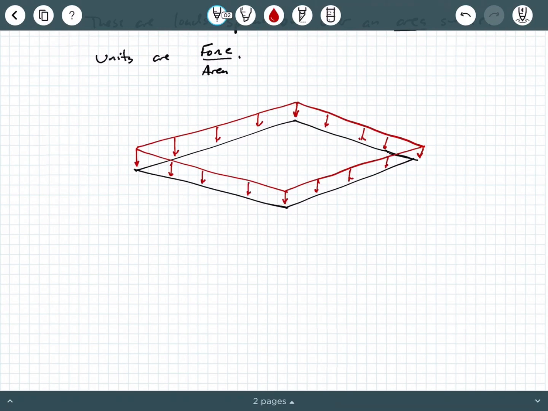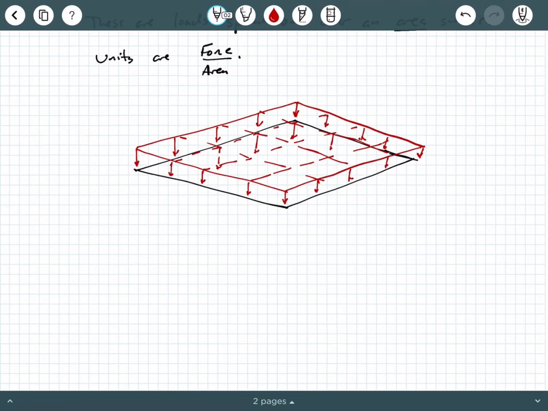All right. Now this load is meant to be spread out over this entire surface. So even though I'm really emphasizing the perimeter of this load, really you can think of it as a load spread out over an entire surface.